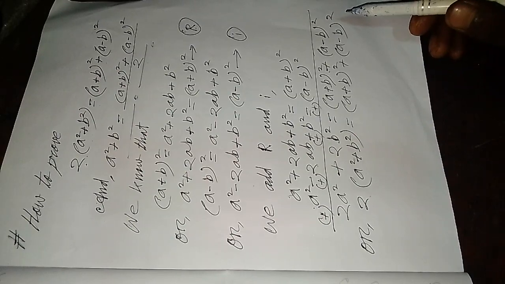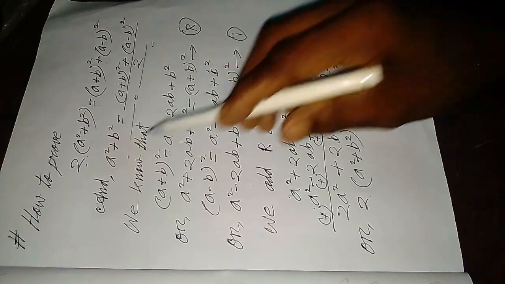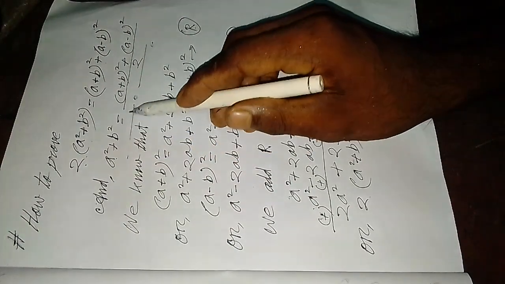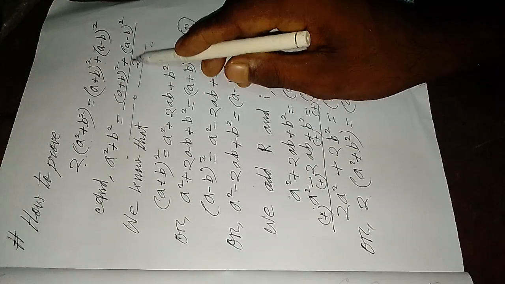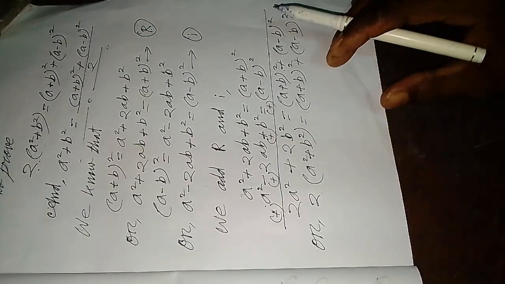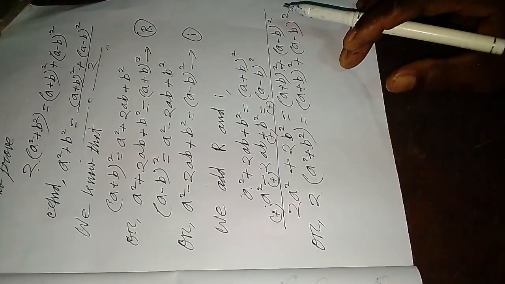Then our next expression is a² + b² = ((a + b)² + (a − b)²) divided by 2. Let's prove it using this sum.